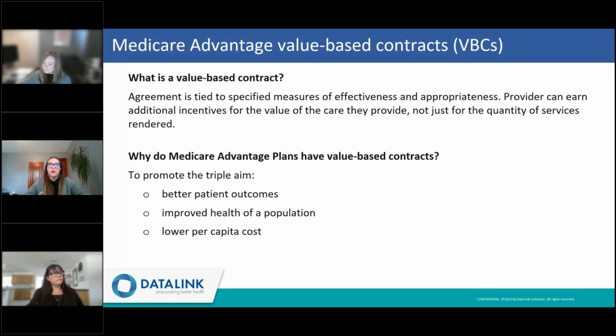In this type of agreement, providers are not getting paid just for the services rendered, so the number of services they provide. Rather, they're getting paid for value that they offer. So to promote success for the plan, including that better star score, health plans will incentivize providers with additional earning through value-based contracts. Next slide.